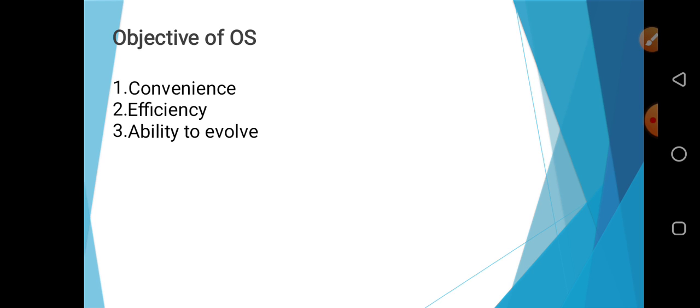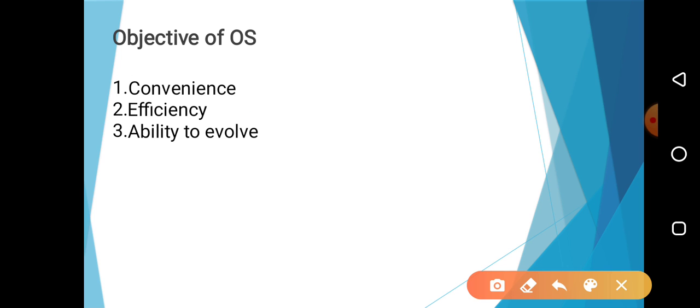What exactly are the different objectives of the OS? The different objectives of OS are convenience, efficiency, and ability to evolve. Convenience is ease of use, or we can say that because of the OS we can conveniently or easily interact with or use the computer system.